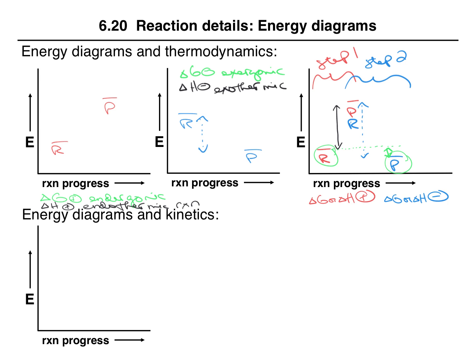Keep in mind what this tells us. Looking at this reaction over here, going from reactants to products, this is an unfavorable or non-spontaneous reaction. What that means is that at equilibrium, we're going to have more reactants than products. Here we have a favorable or spontaneous reaction, which means at equilibrium, we're going to have more products because these are lower energy, and a greater concentration of products, a lower concentration of reactants.